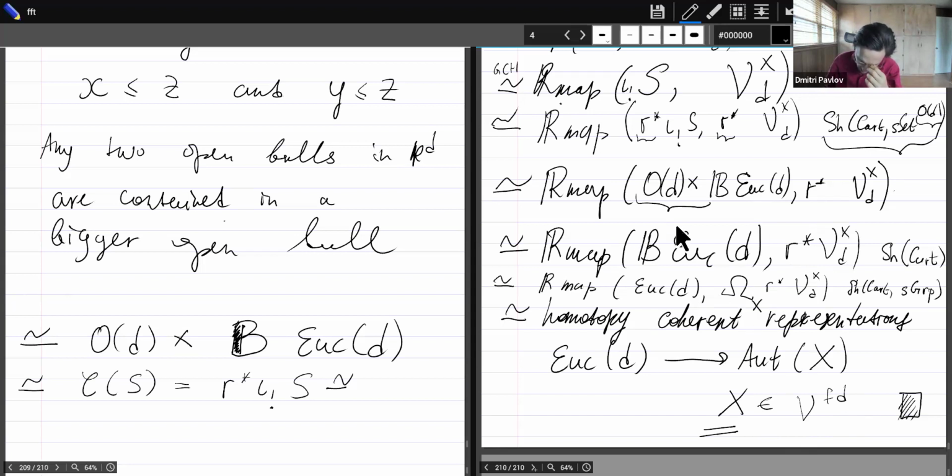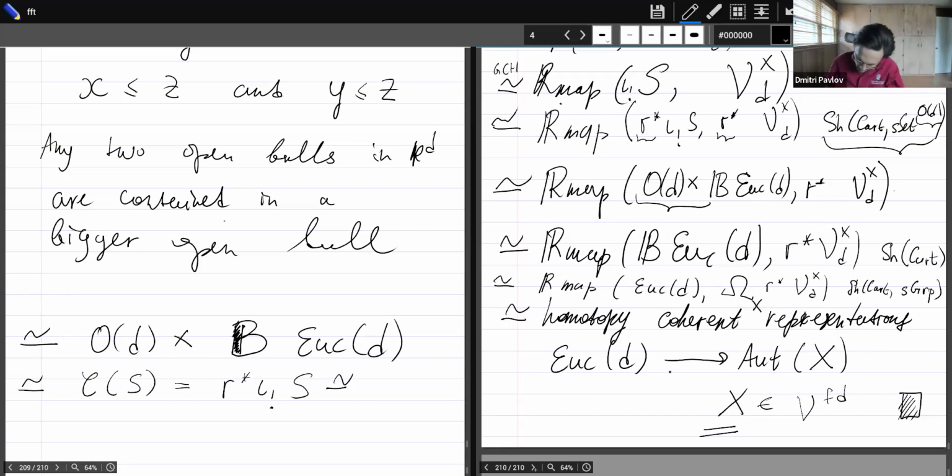And then you move B to the right, it becomes the loop group functor. The loop group of X just extracts the group of automorphisms of X in the infinity sense. And B being left adjoint to loops gives you precisely homomorphisms.